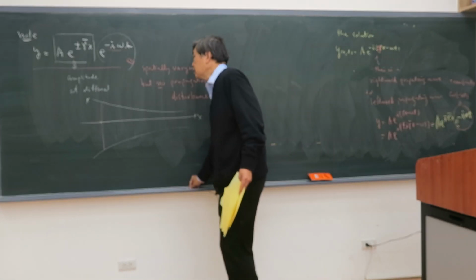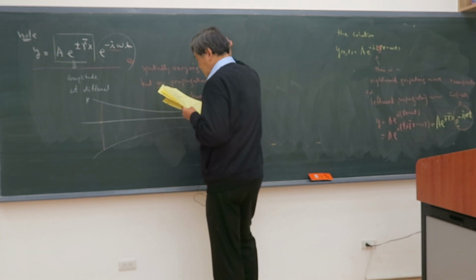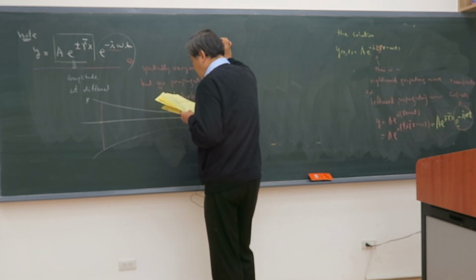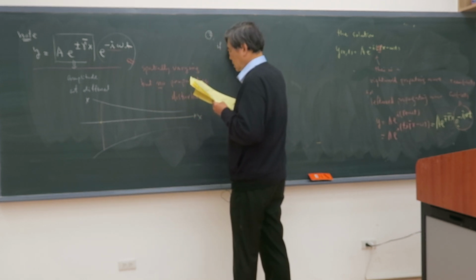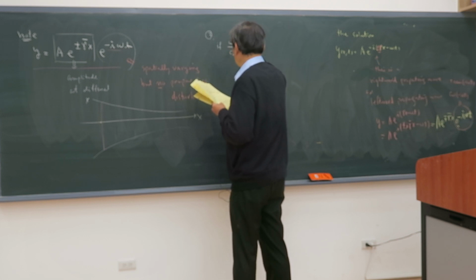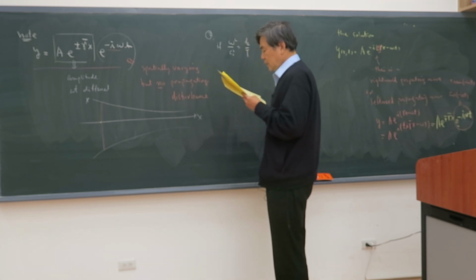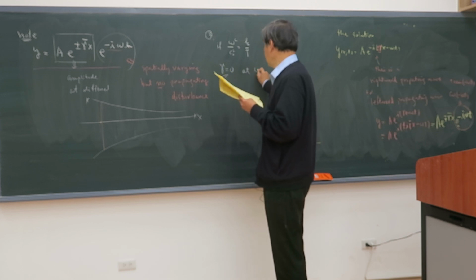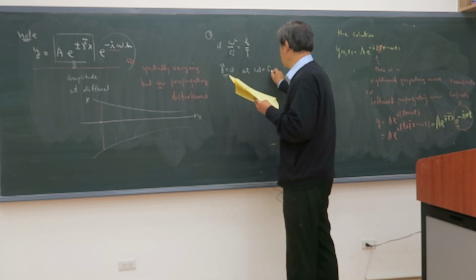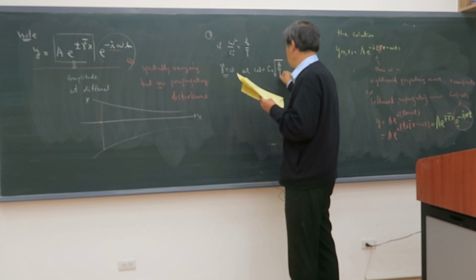Now the third case. If ω²/c0² equals K/T, then γ is equal to 0, at frequency equal to c0 times the square root of K/T.